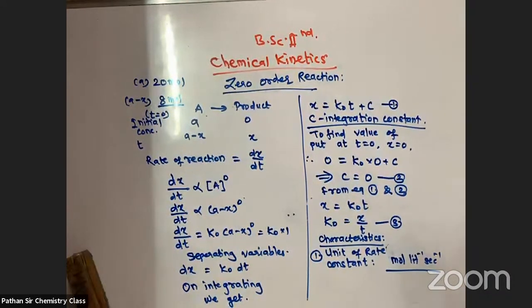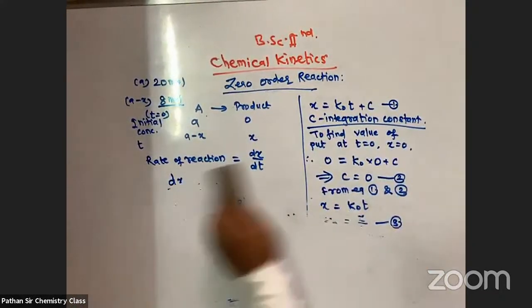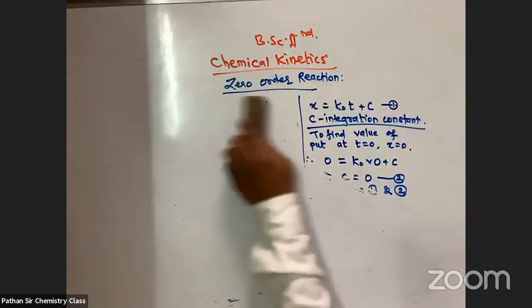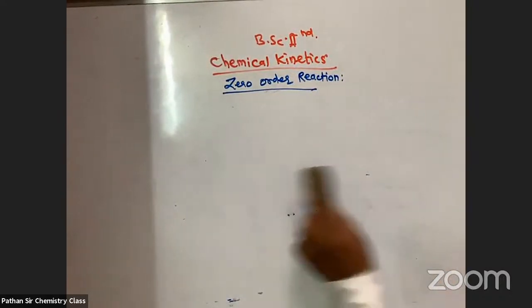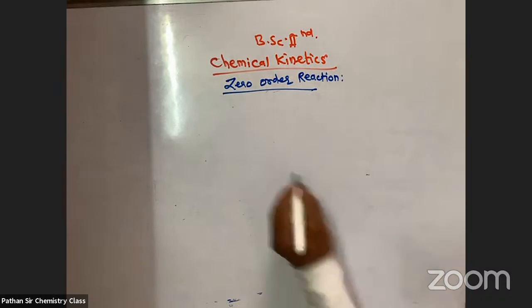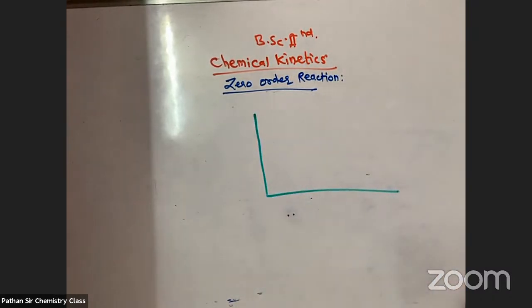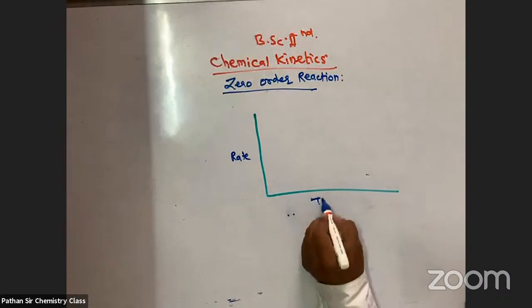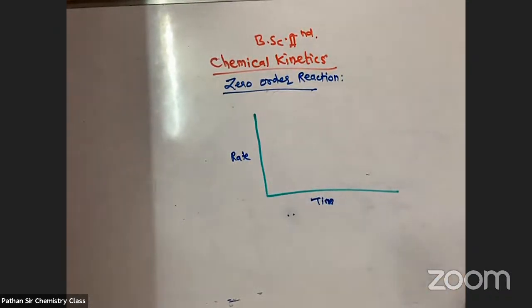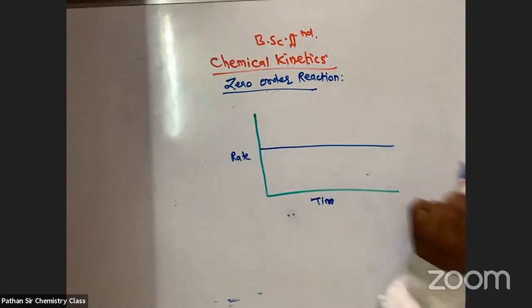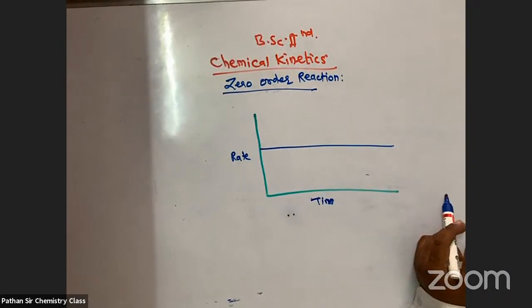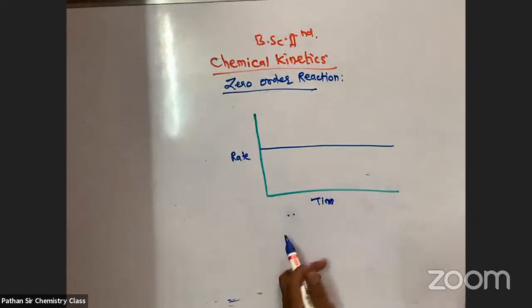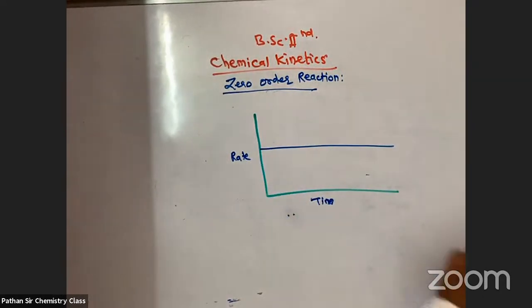As it is a zero order reaction, if you plot a graph between rate of reaction and time, you will find a straight line. There is no change in the rate of reaction. You can count it as the second characteristic.